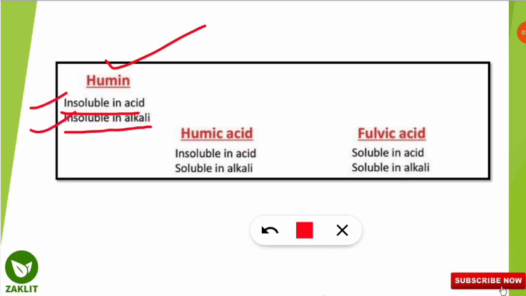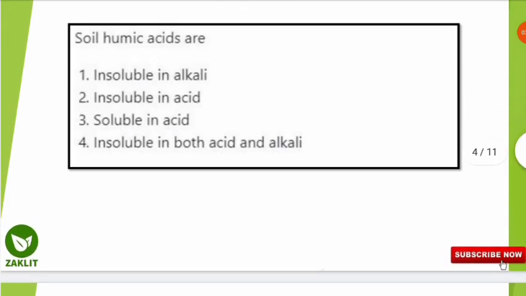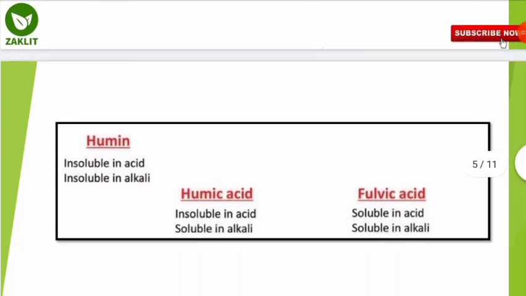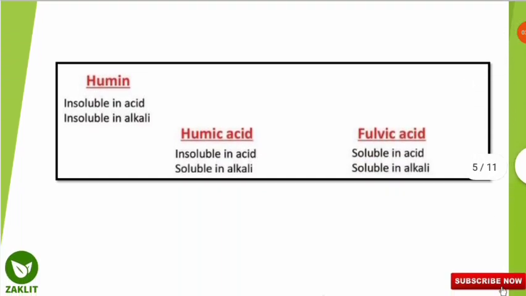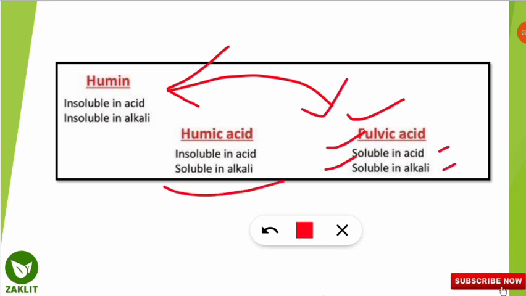Humic acid is insoluble in acid and soluble in alkali. Fulvic acid is soluble in both acid and alkali, so it is the opposite of humin, which is insoluble in both.